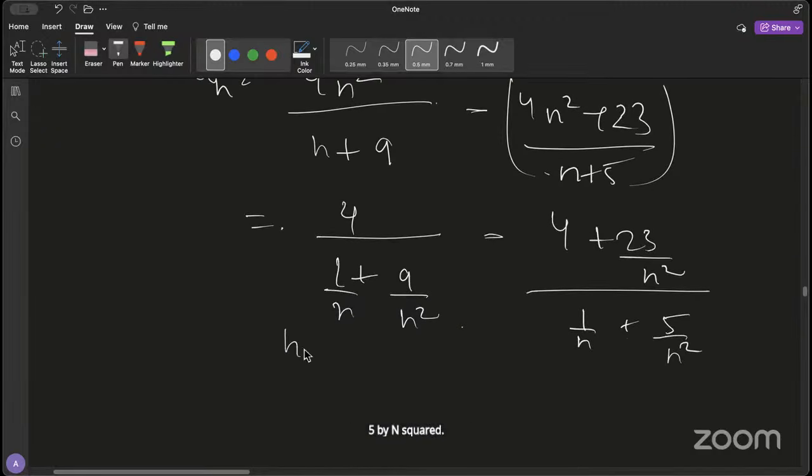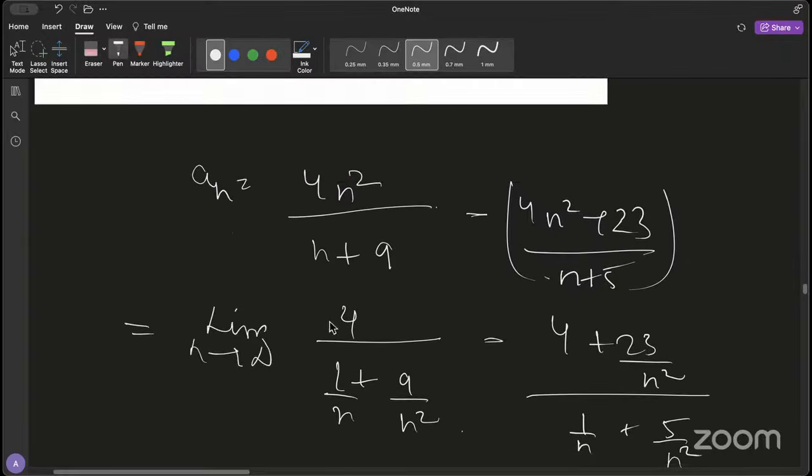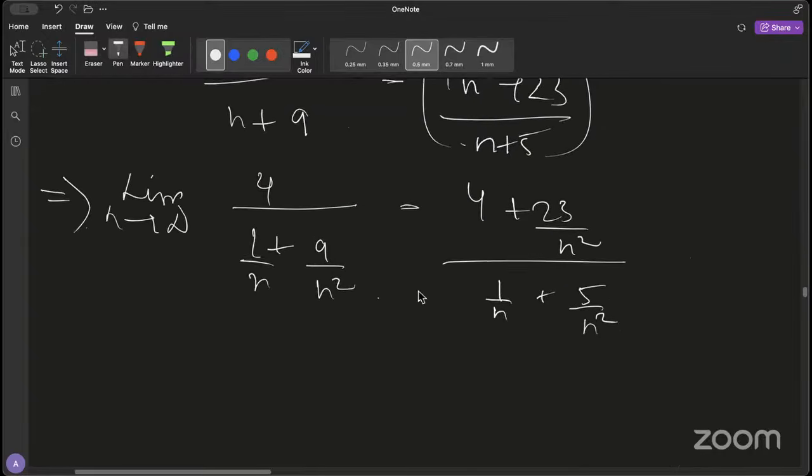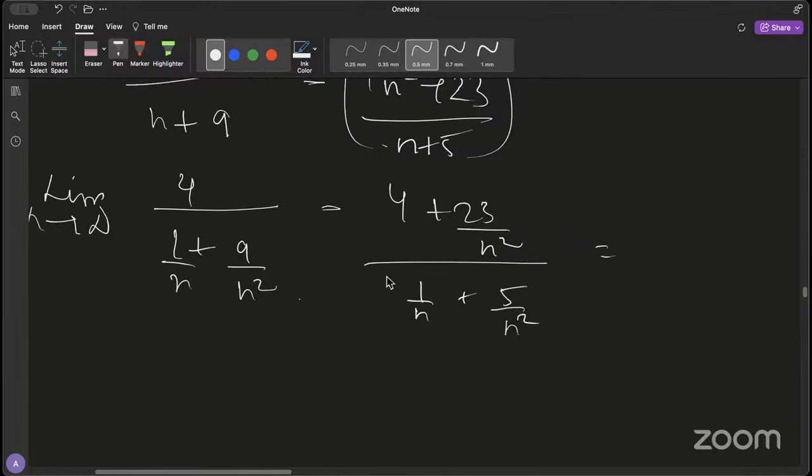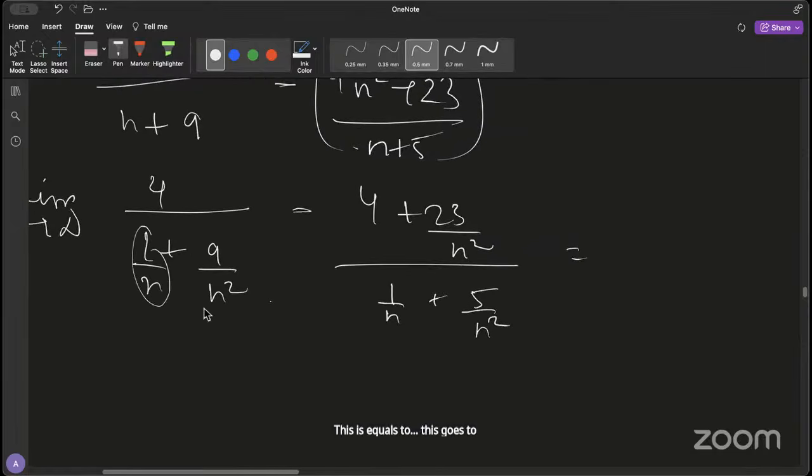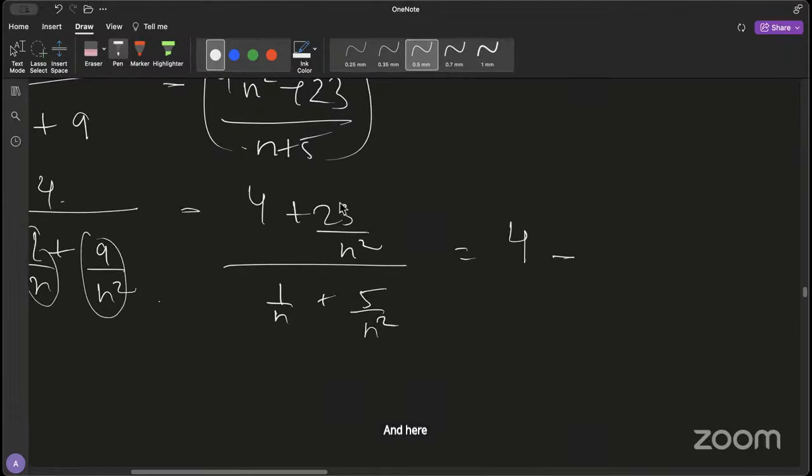Now if n tends to infinity, this goes to 0, this goes to 0, and this is just 4. So you're just left with 4. And here you're left with, this goes to 0, this goes to 0, and this expression also goes to 0. So you're left with 4. So this is 0.